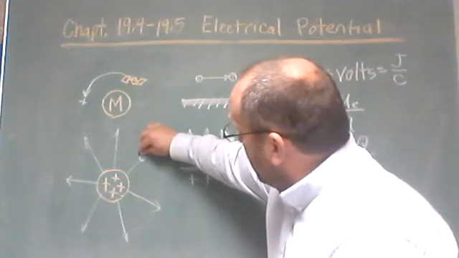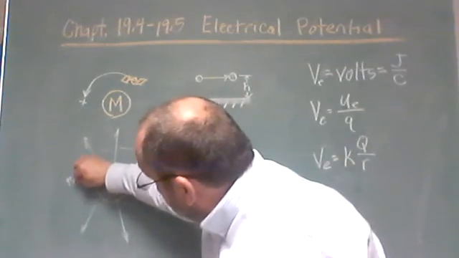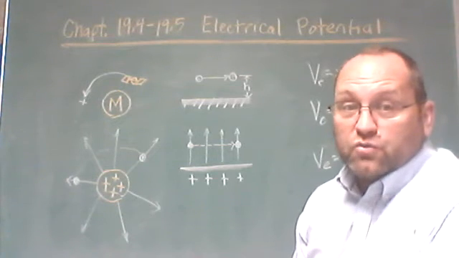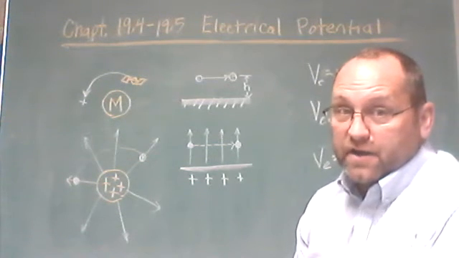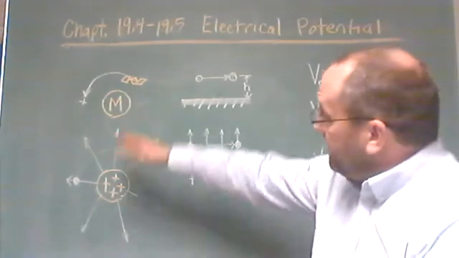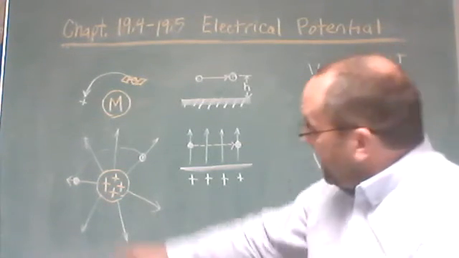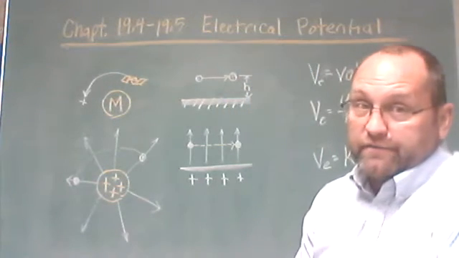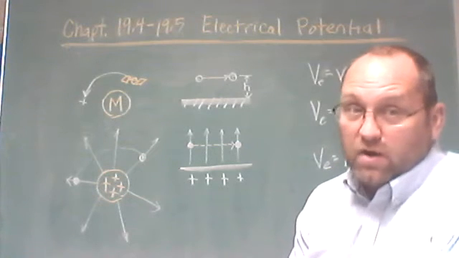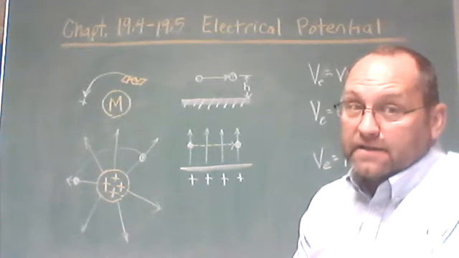If we take our test charge and move it in a perfectly circular fashion over here on this side of the charge, how much work has been done on our test charge due to the electrostatic force? Well, it's the same analogy as with gravity. It is the same distance away from the massively charged object, just in a different location. So the net work done on that is zero. The electrostatic force has not done any work on it.